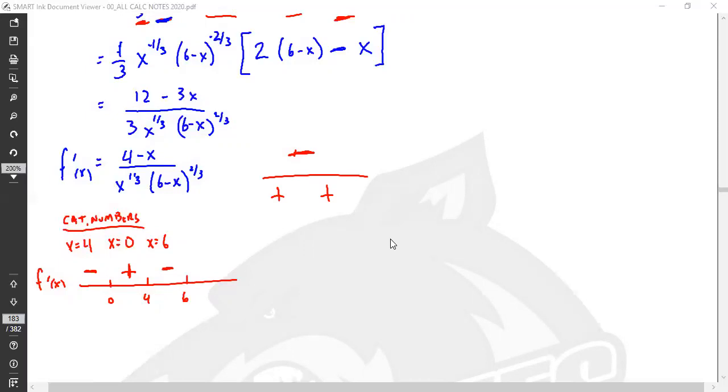And then my last zone, when x is greater than 6, maybe a number like 7. 4 minus 7 is negative. 7 to the 1/3 is positive. 6 minus 7 is -1, but it's to the 2/3, so we are going to square it and then cube root it. So that makes this positive. And so altogether, that ends up being negative in that zone.